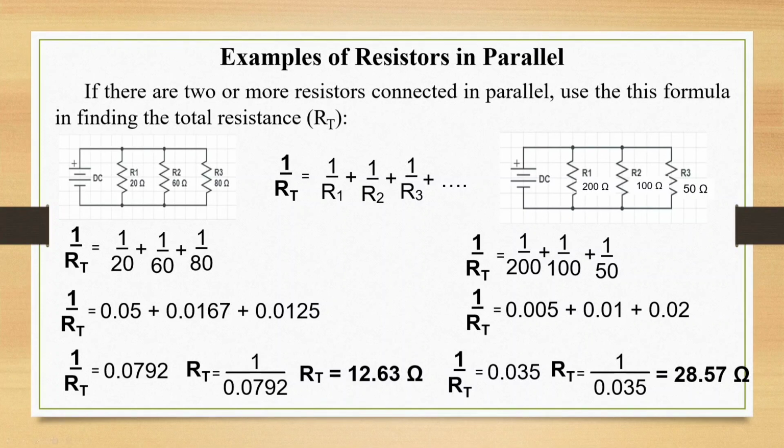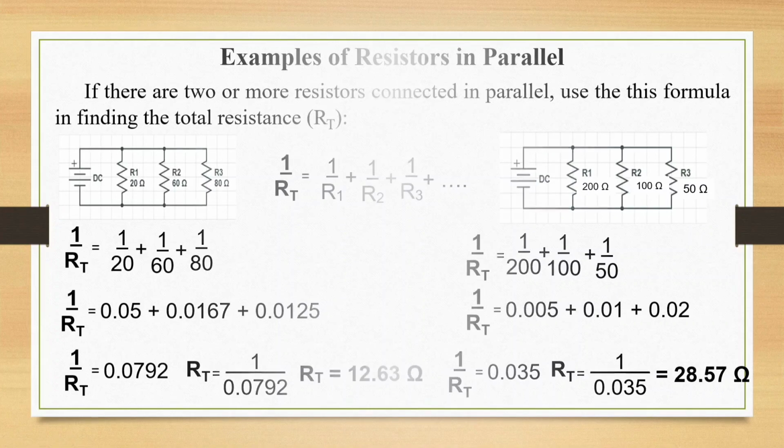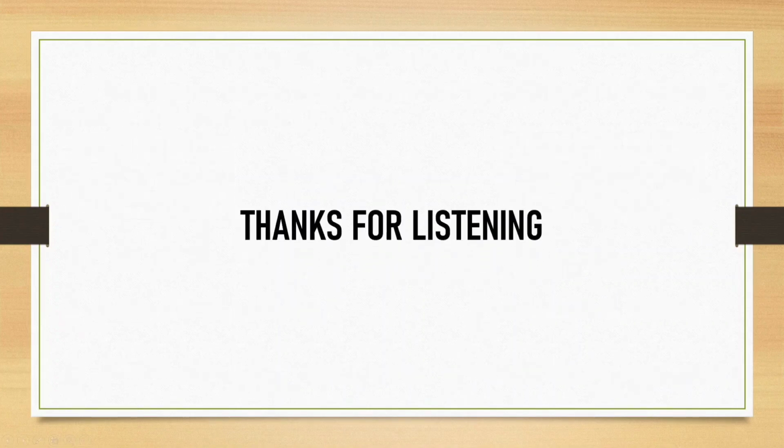Like on the first example, the smallest value is 20 ohms. Then the total resistance is 12.63 ohms. And on the second example, the lowest resistance is 50 ohms. Then the total resistance is 28.57 ohms.